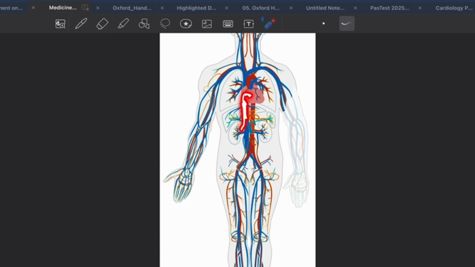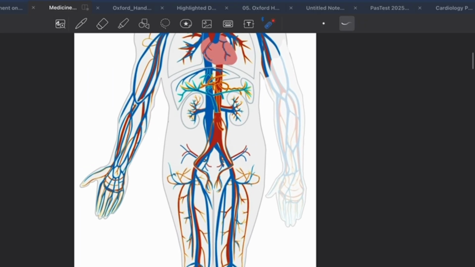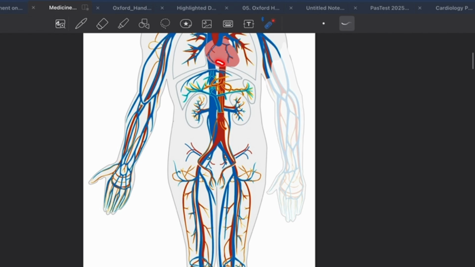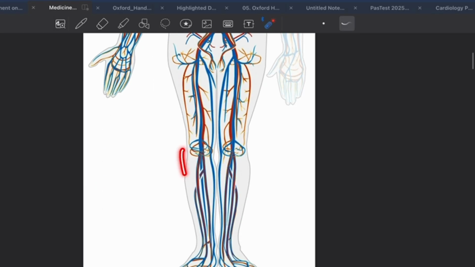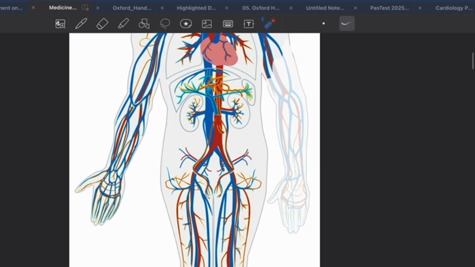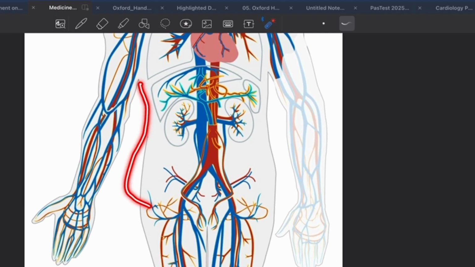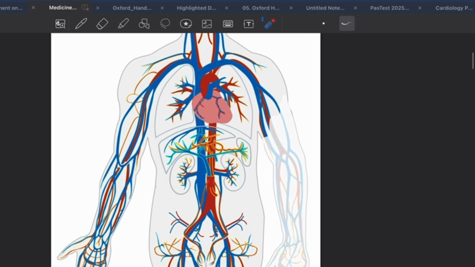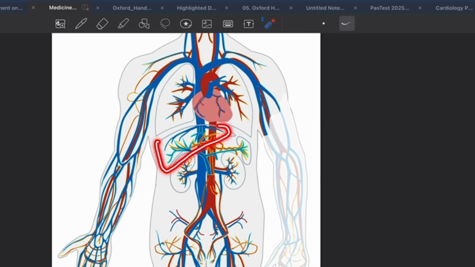So what happens if the right side of the heart cannot pump properly? Then this blood gets accumulated in these veins and it causes peripheral edema, like the legs get swollen, and we can see ascites in the abdomen and also hepatic congestion.